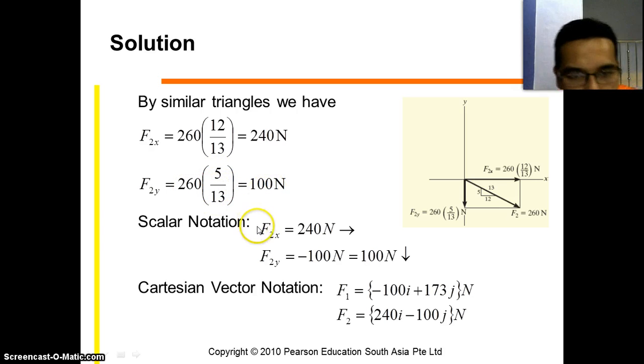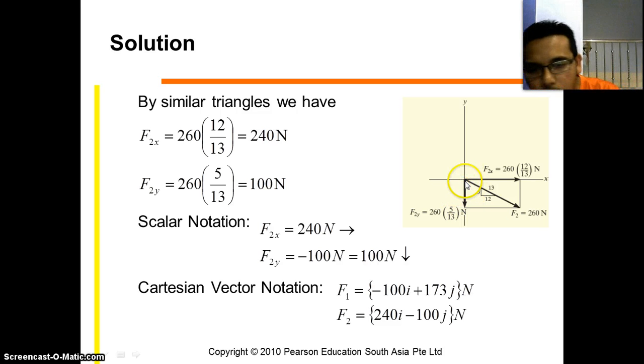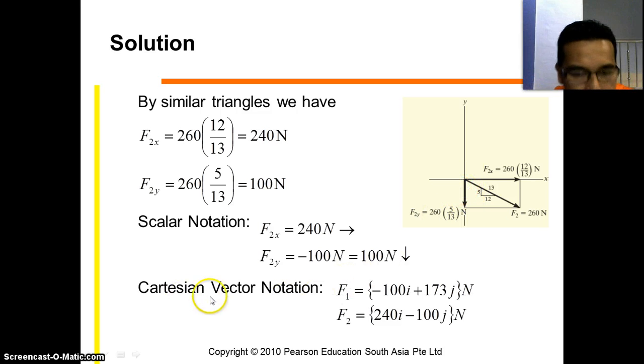So in scalar notation, F2x is 240 to the right, and F2y is 100 below the x-axis. So the Cartesian vector notation for F1 is negative 100i plus 173j, and F2 is equal to 240i minus 100j.